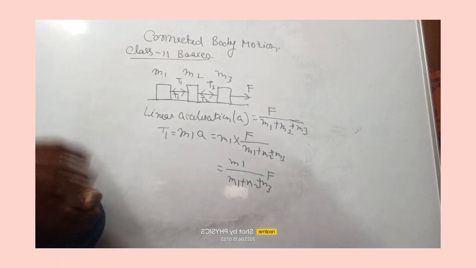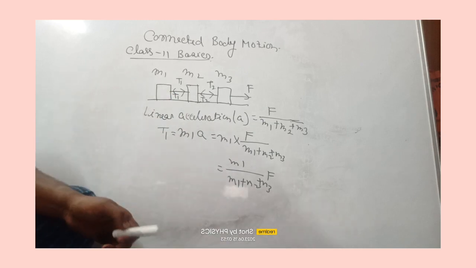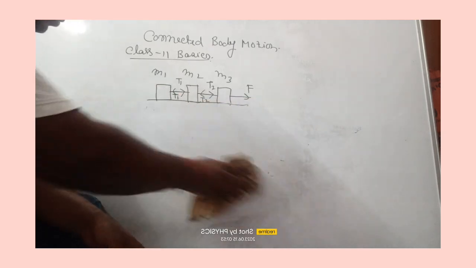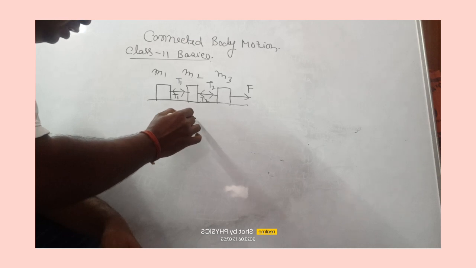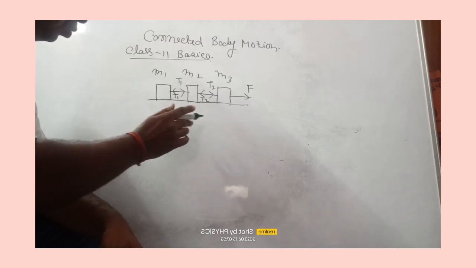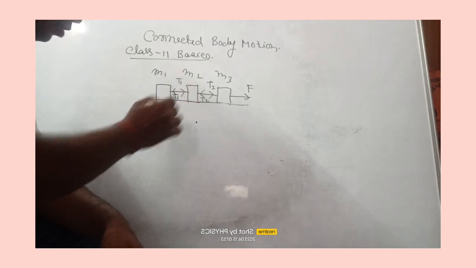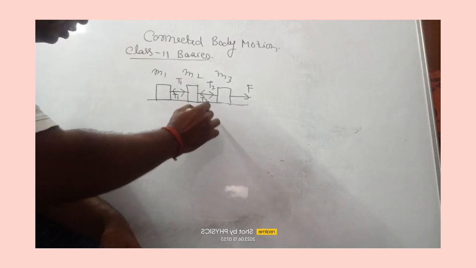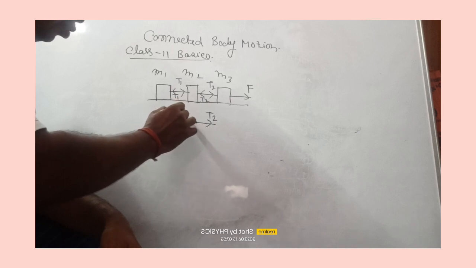Now to find the tension T2, we have to consider the resultant force. First we draw the free body diagram, FBD, for the mass 2. In the free body diagram, we see that two forces act on the mass, one is tension T2 and another is tension T1.